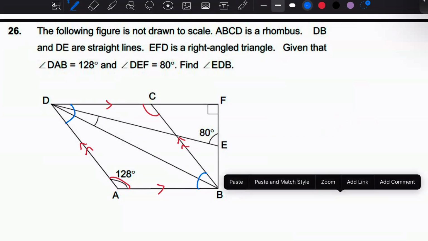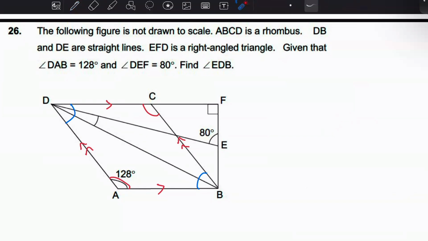Next, DB and DE are straight lines. So DB and DE is here. EFD is a right angle triangle. EFD is your right angle triangle, which means that they have a right angle inside this triangle.